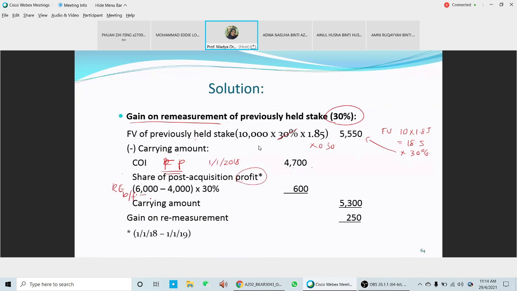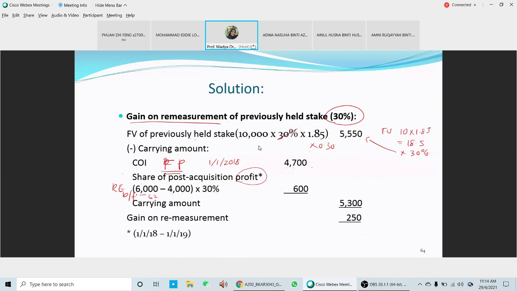So RE brought forward minus 4 is the RE at acquisition, times 30%, so you're going to have 600. Altogether the carrying amount here is 5,300. Then compare with the fair value, so we have a gain on remeasurement of 250.